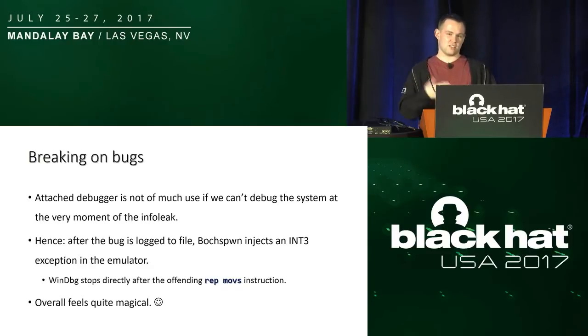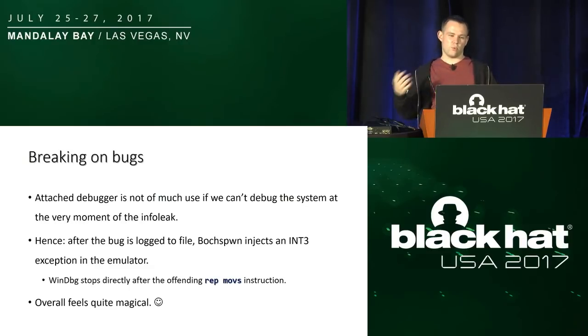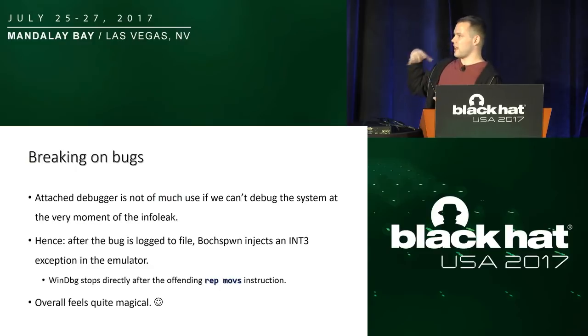Of course, this is not sufficient because even though we have this kernel debugger attached, we don't know when the bugs are happening. So what we also want to do is break on the specific moment when a bug happens. And this is achieved by injecting an int3 instruction in the emulator exactly at the moment when the bug is detected.